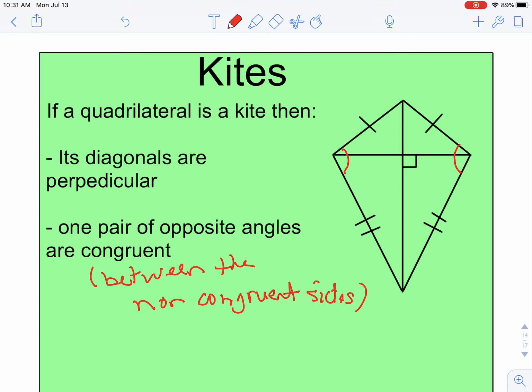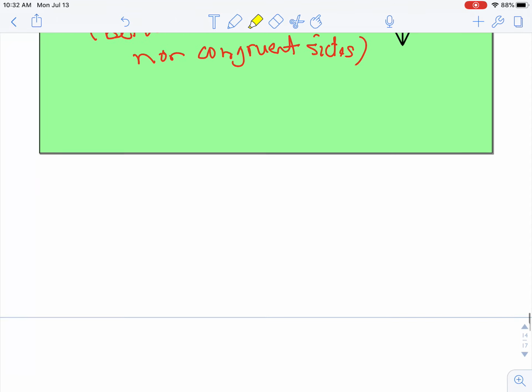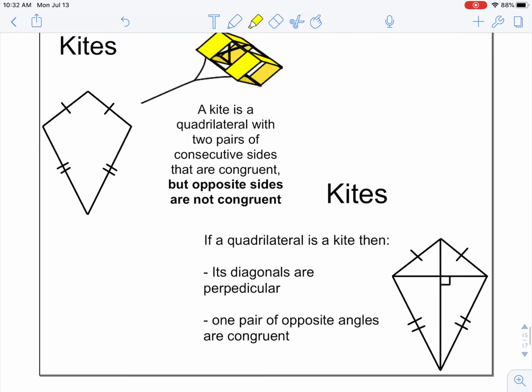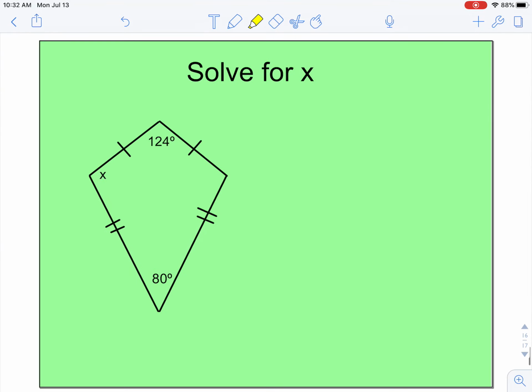It's usually obvious from the picture which sides are not congruent and which are, but that's how you can tell for sure, because the diagrams aren't always accurate. So kites, again, have perpendicular diagonals and one pair of opposite angles congruent. This is just a summary of kites that we've talked about already, all together.